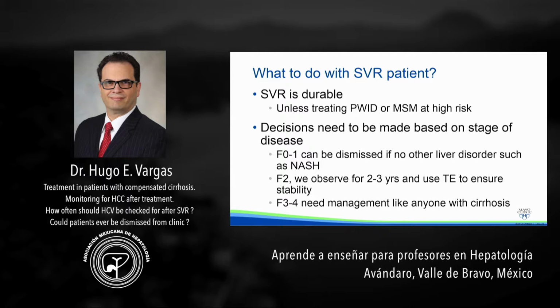The F2 patients, I think we have some concerns about whether they're really at significant risk, and if they have any other coexistent issues like obesity or diabetes, those patients may warrant to remain under our care. But patients who have F3 to F4 management, like anybody who has advanced disease, who needs to be seen frequently, who needs to be screened for hepatocellular carcinoma and for the complications of portal hypertension.